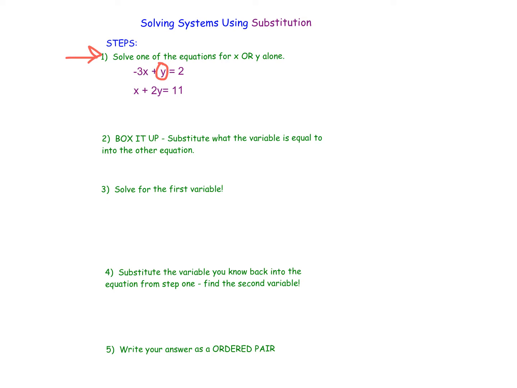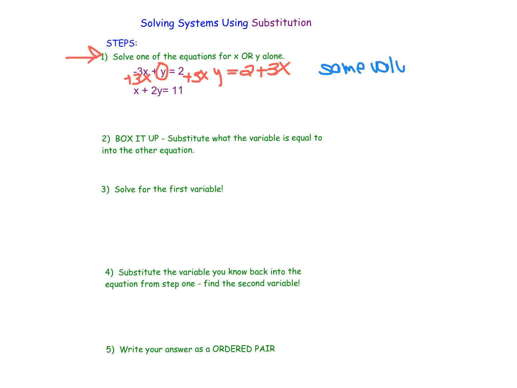So we're going to get that y value that I have circled by itself, and we do so by adding 3x to each side. Essentially what I've done is I've taken that first equation and rewritten it as y equals 2 plus 3x. And remember, an equal sign means that they are the same value.